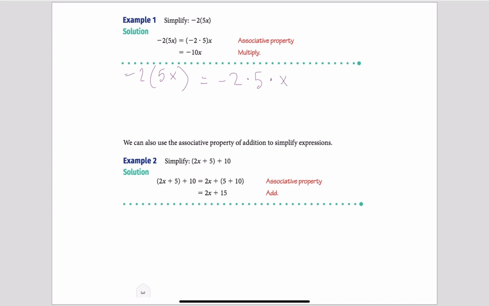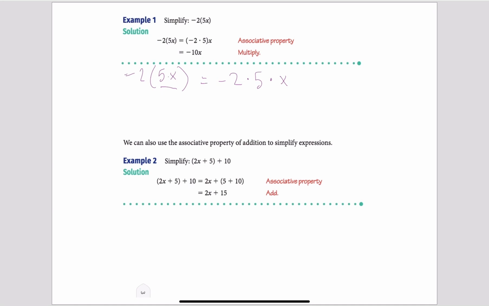Because it's all multiplication, the order of multiplication doesn't impact our result, and we can associate the multiplication in ways that make it more convenient. In this case, the problem started out with 5 and x being associated because they were in parentheses. So the 5 times x was the thing being prioritized.